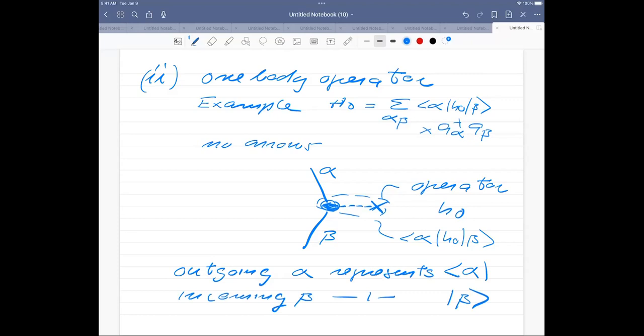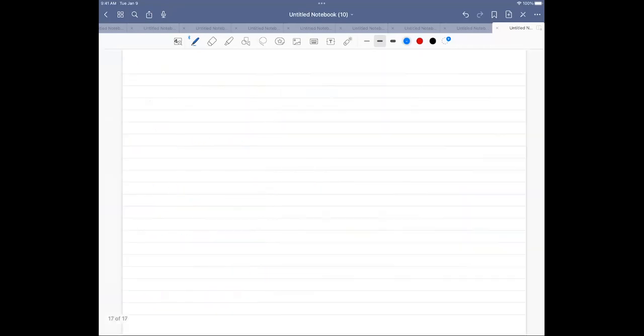And then the circle is normally called a vertex. Since it's a one-body operator, it acts on only one particle at a time, and so we just have one dot here. So that's the one-body operator. And then we have a two-body operator, which is the next step. So let's just write that one.